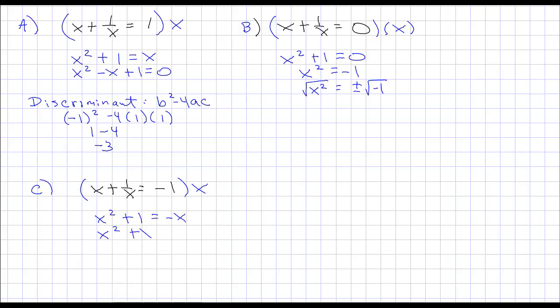Add the x to the other side. And if we look at the discriminant, 1 squared minus 4 times 1 times 1 is going to be 1 minus 4, or negative 3. So again, I would end up with complex numbers. So I don't want C.